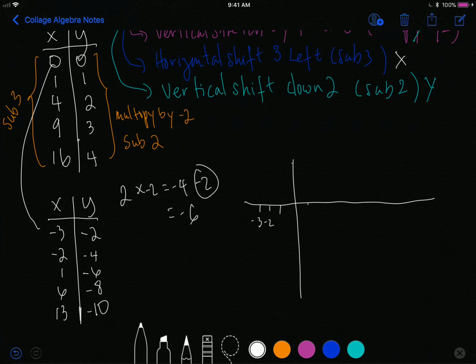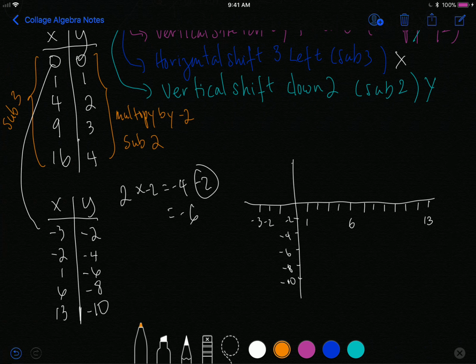And they go all the way up to 16: 1, 2, 3, 4, 5, 6, 7, 8, 9, 10, 11, 12, 13. And my y values are going by 2. So 2, 4, 6, 8.